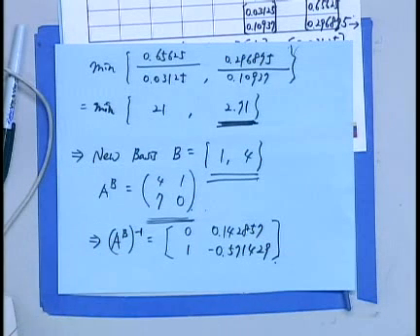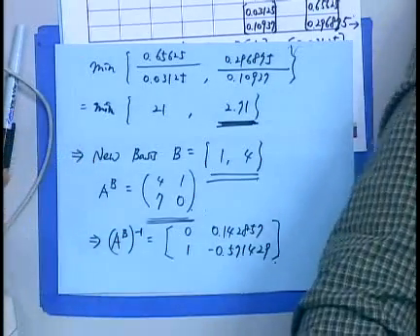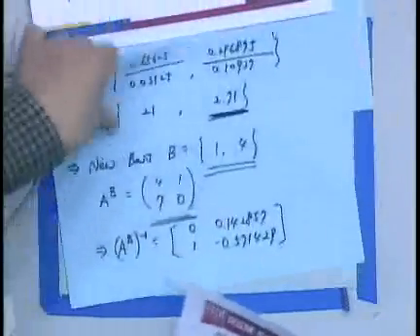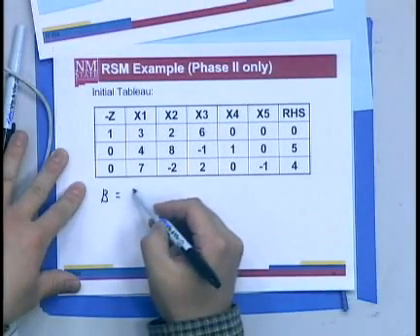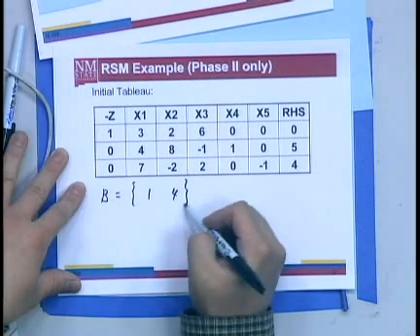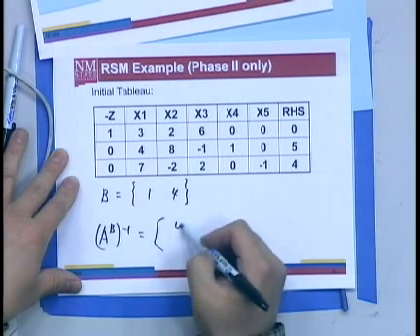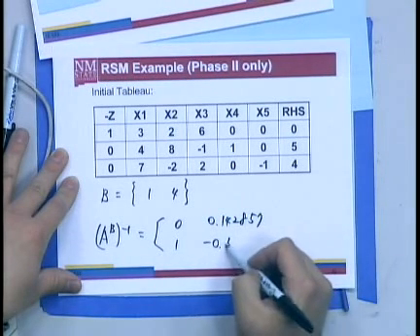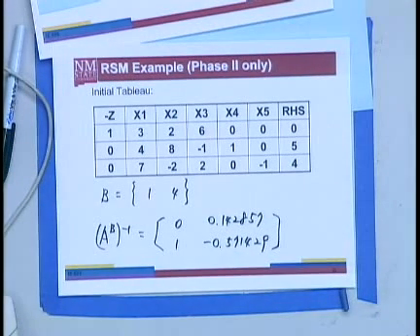Okay? So, right now, again, we have the initial table and the new basis set, which is 1, 4. New basis inverse matrix, right? Which means we can begin another iteration of the revised simplex method. Okay?